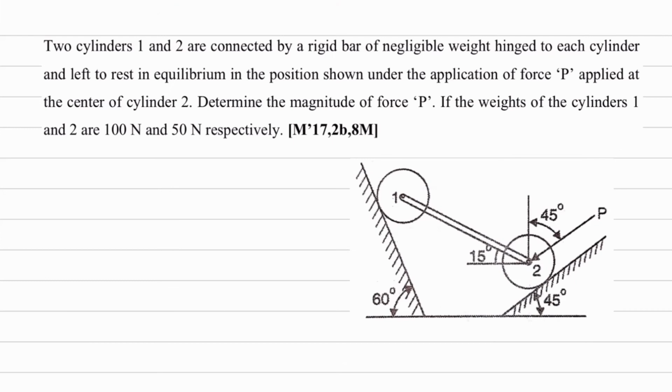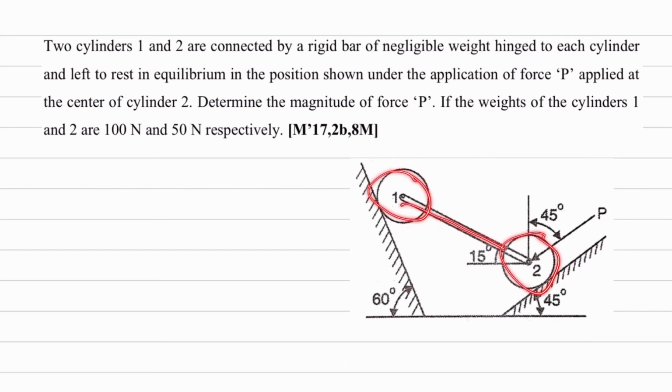So we'll go through the next question. Two cylinders C1 and C2 are connected by a rigid bar. Here you can see one cylinder, C1, and this is the second cylinder, C2.